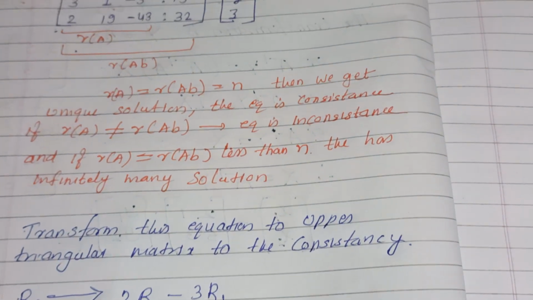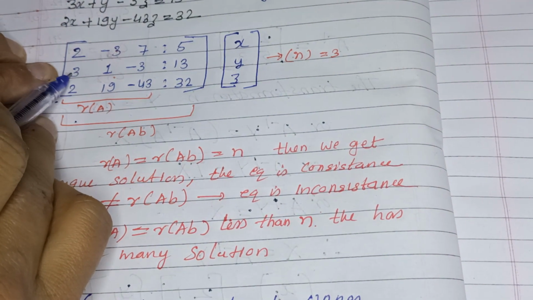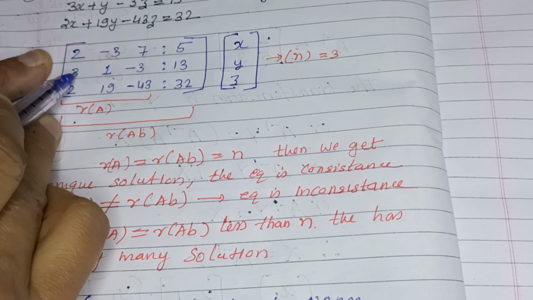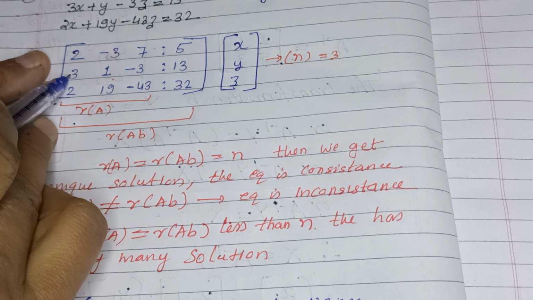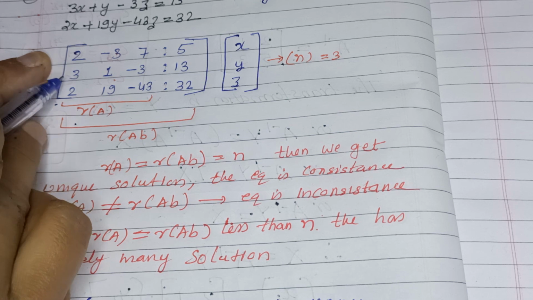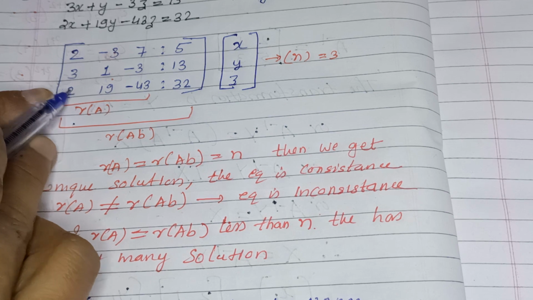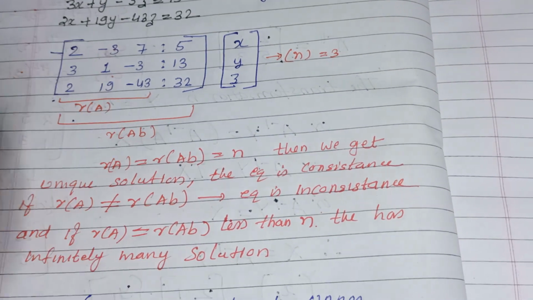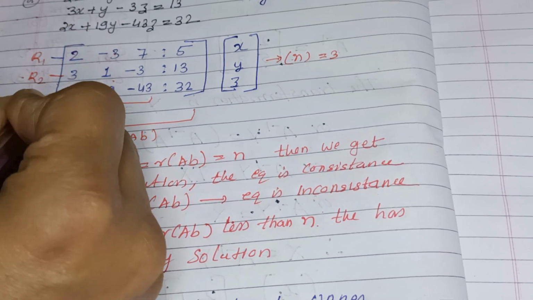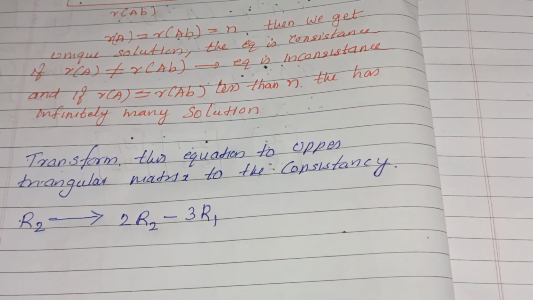You can multiply this with 2 and this row with 3, and then you subtract, you get 0 here. Our target is to get 0 here. So we multiply this whole thing with 3 and 2, and then we subtract, we get 0 here. And same thing here, we directly subtract this row. So this is row 1, this is row 2, and this is row 3. So we are just playing with these rows.